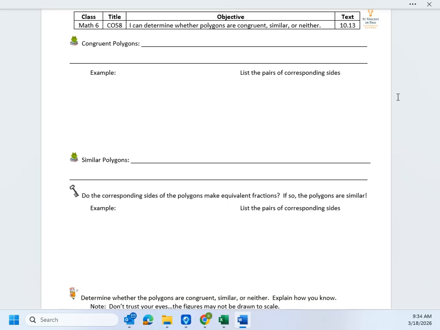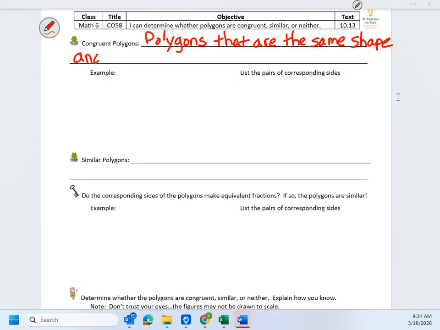Okay, so congruent polygons are polygons that are the same shape and size. All sides and angles are congruent.